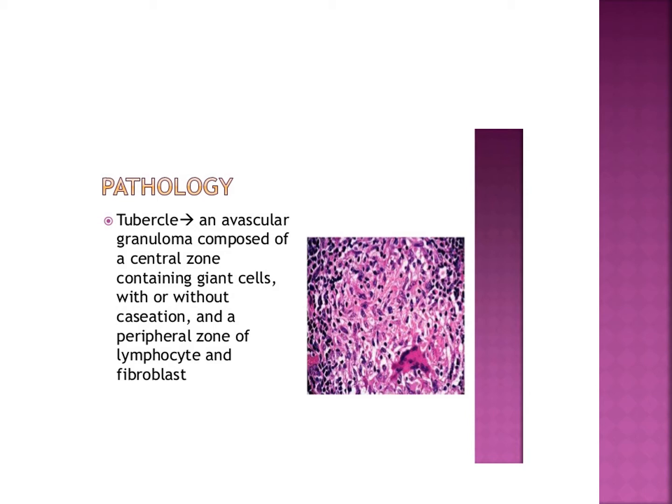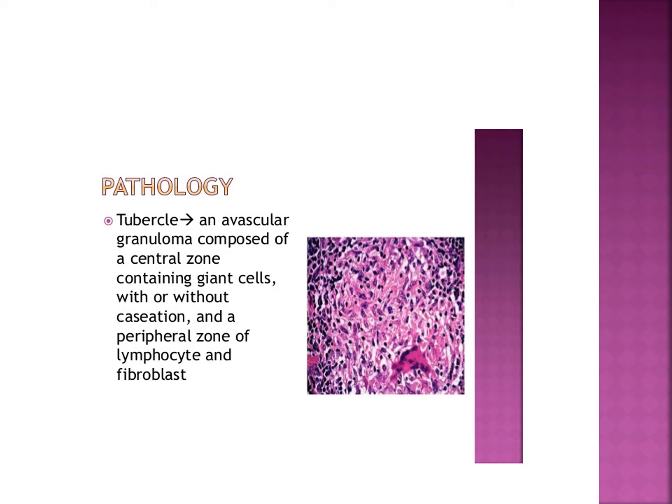So if we just typically see a pathology of the biopsied lesion for the diagnosis purpose, the typical character is a tubercle, which is an avascular granuloma. It is composed of a central zone containing giant cells with or without caseation, which is a typical character.